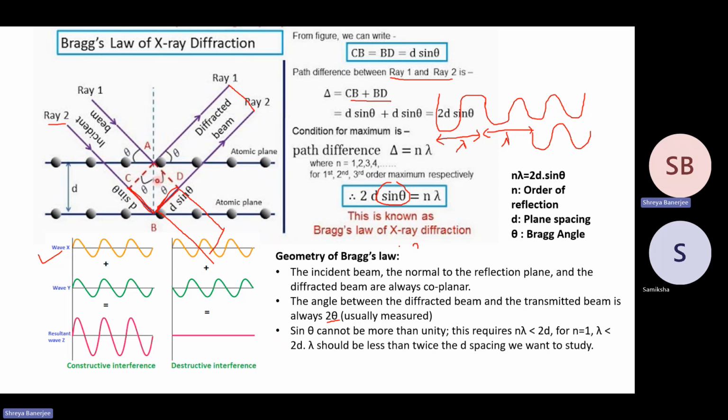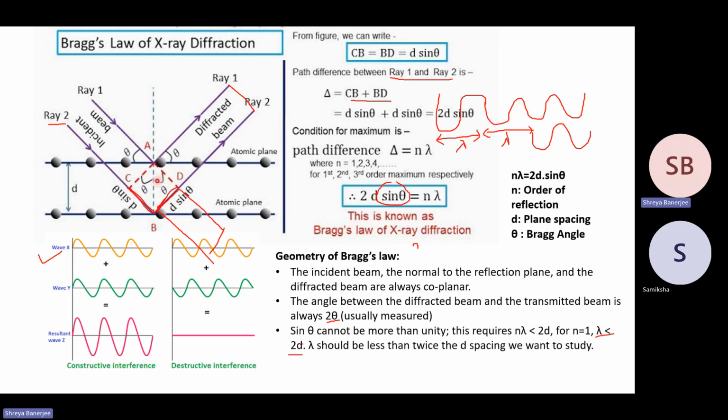Since sin theta cannot be more than 1, n lambda must be less than 2d. So if we take n as 1, lambda must be less than 2d.